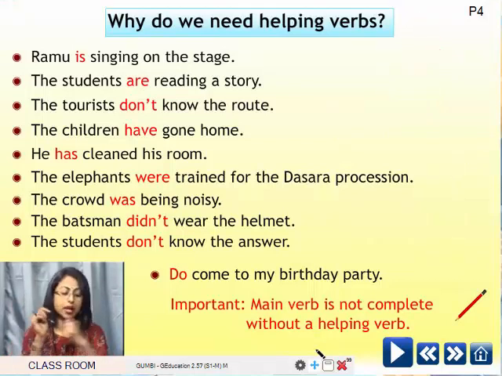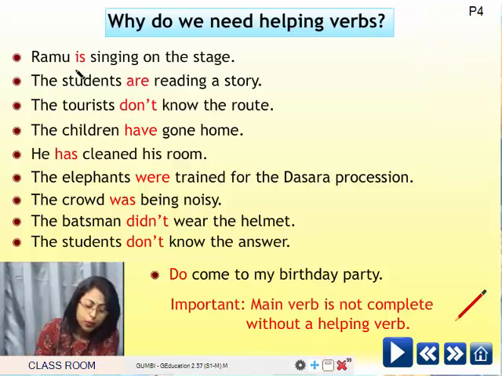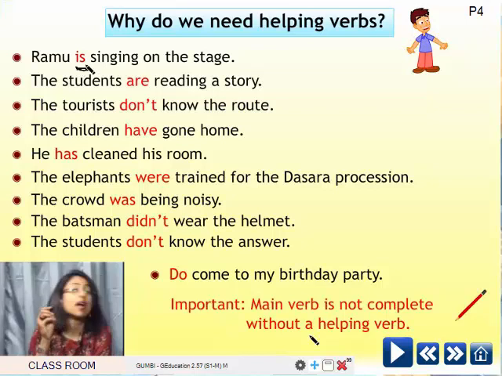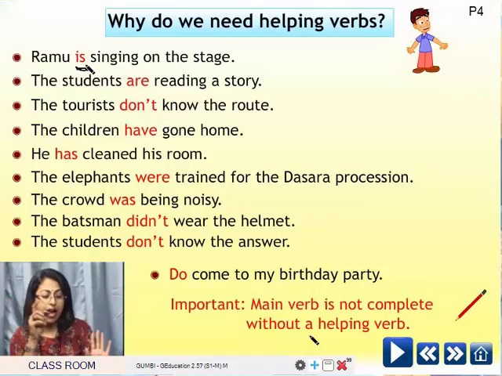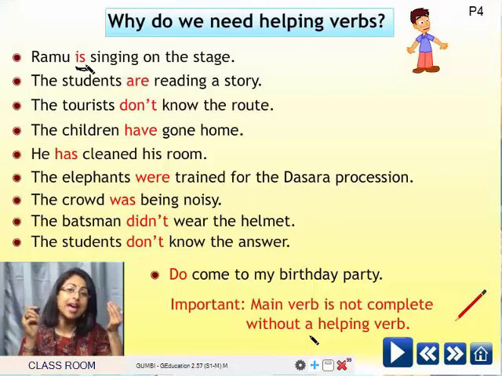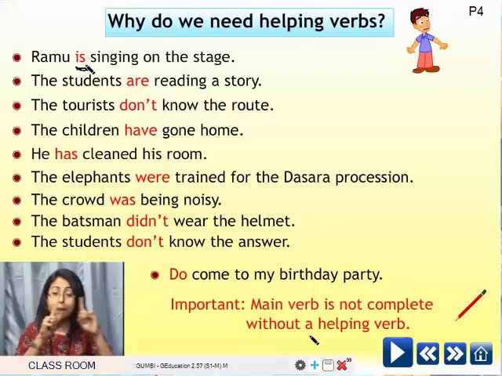Alright, students? Okay, so let's see the first sentence. Ramu is singing on the stage. If I just say, without using is, Ramu singing on the stage, will that be a correct sentence? No. For a verb, we always need a helping verb to give more meaning, and then it will be a complete sentence.